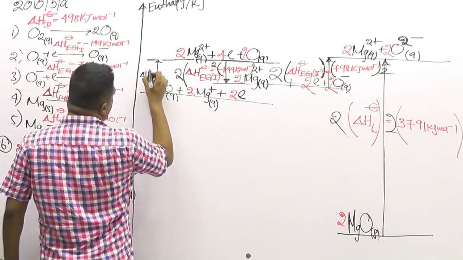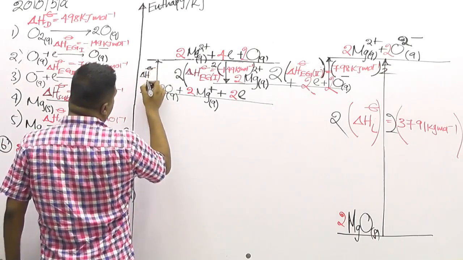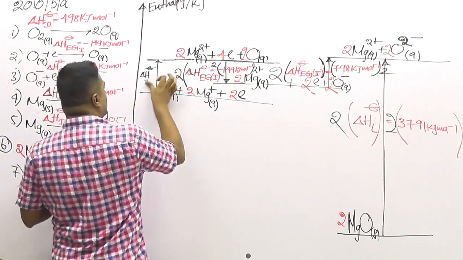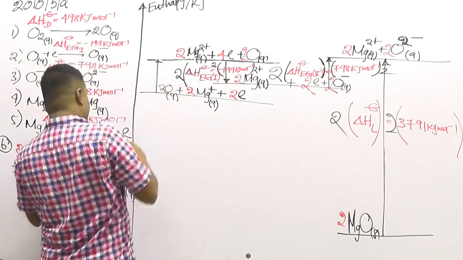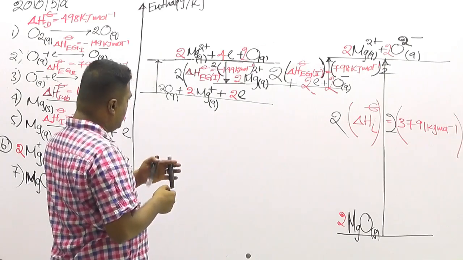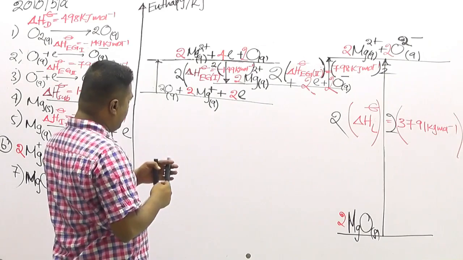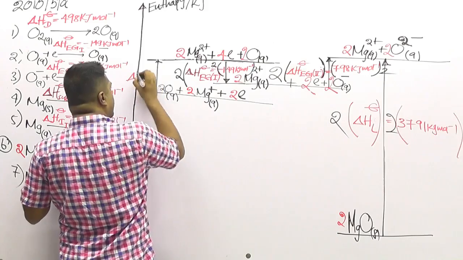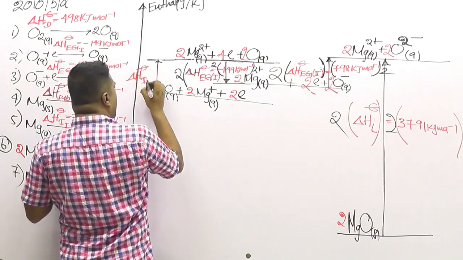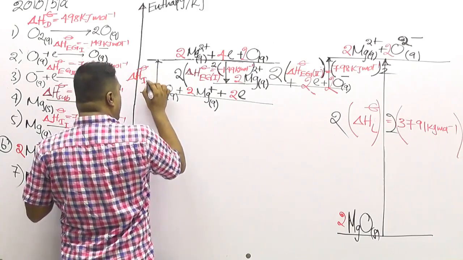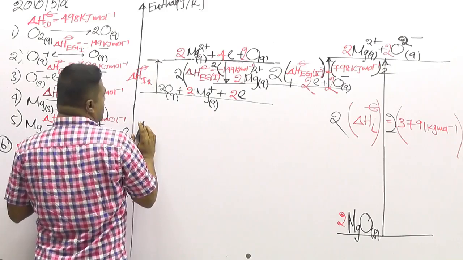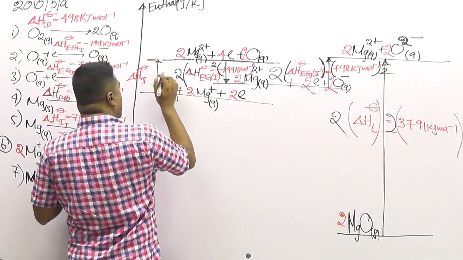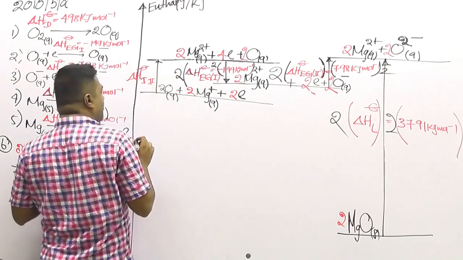Delta H naught I2 means second ionization energy. I2 means I with Roman numeral 2.